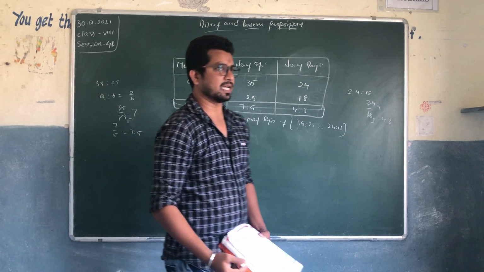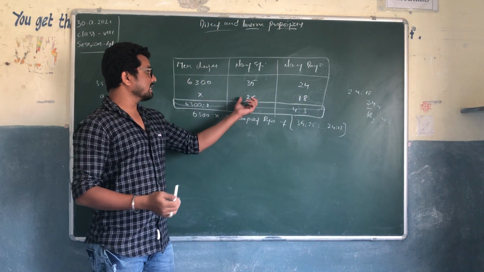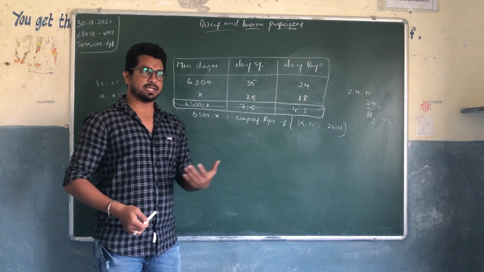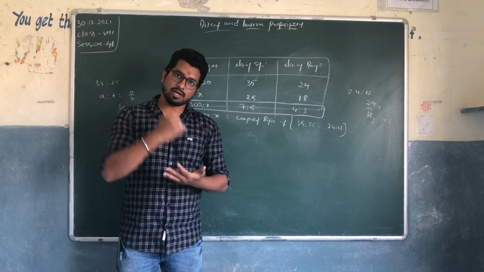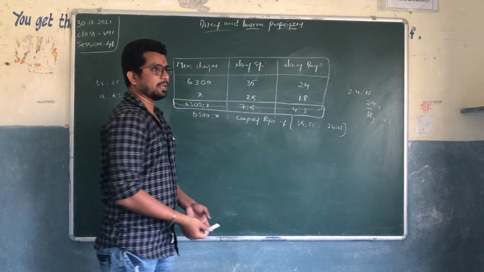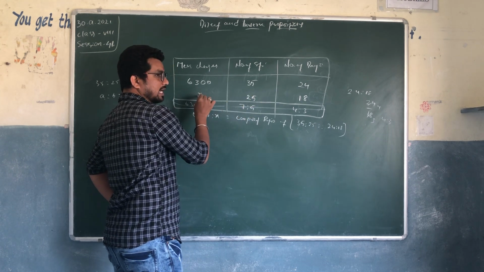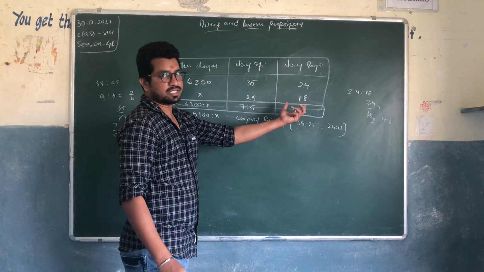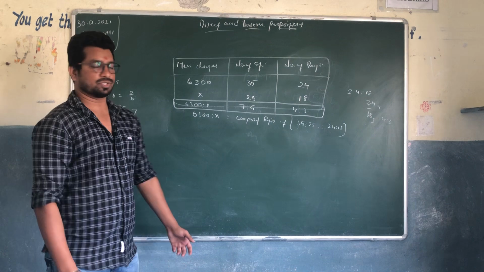When the number of people is decreased, the number of days also decreased, so the mess charges will obviously decrease, right? Which is directly proportional. So this is directly impacting the mess charges, and the number of days is directly impacting the number of students and also the mess charges, right?